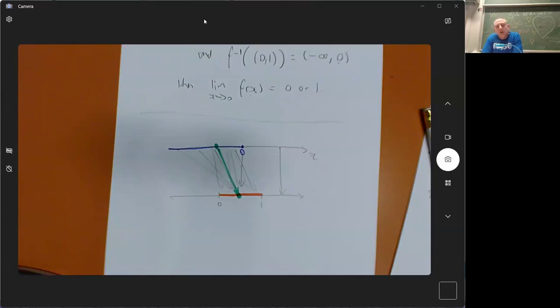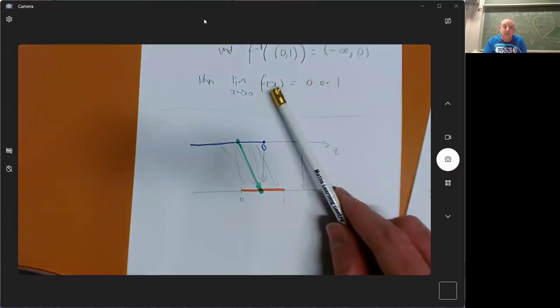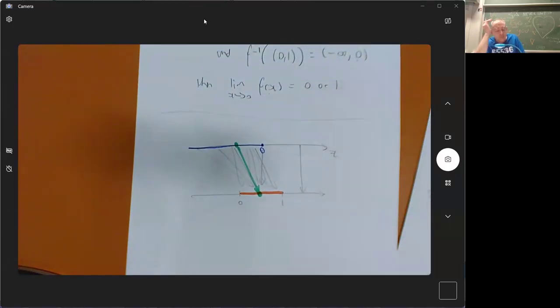Cool. Well, it seems to me that I should use the definition of limit and the definition of continuity in this question. And luckily, the definition of limit has similarities to the definition of continuity, so I think that's worth a try. So to have a limit being 0 or 1, bear with me, I'm just thinking.